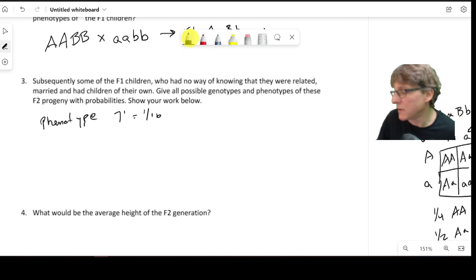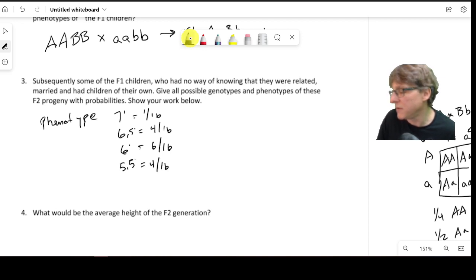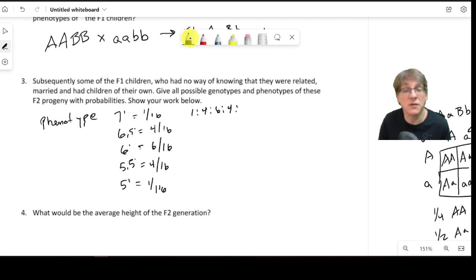We'd have 6.5 feet at 4/16. We'd have 6 feet at 6/16, and then we have 5 feet 5 inches at 4/16, and 5 feet at 1/16. So this would be 1 to 4 to 6 to 4 to 1 phenotypic ratio.